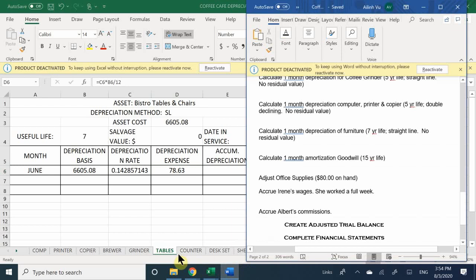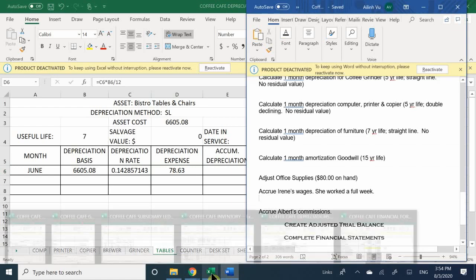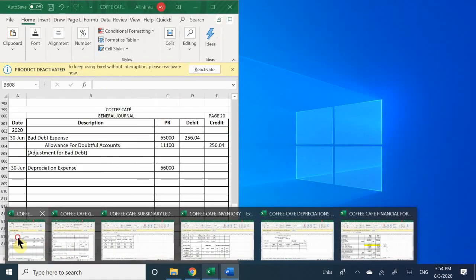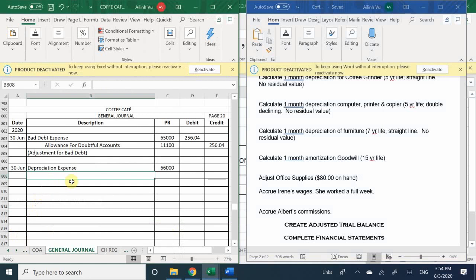Actually, we can do it another way. I just saw the accumulated depreciation, there is more. Might as well start at the top, which would be the table and chairs. Okay, all right, the table and chairs.